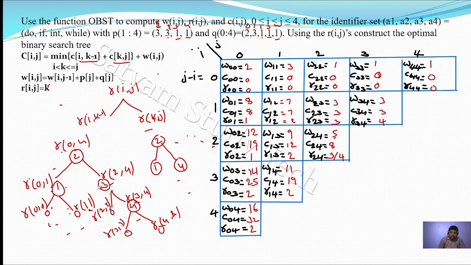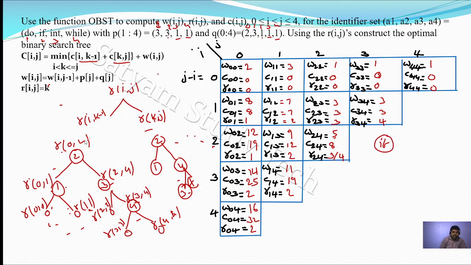So this is the diagram. Here also you can see, for example, 4 is taken, and left of 4 is 3. So you can draw the diagram here. What is the 2? The second key is if. This is the first key, second key, third key and fourth key. So here the root is 2, that is the second key, which is if.